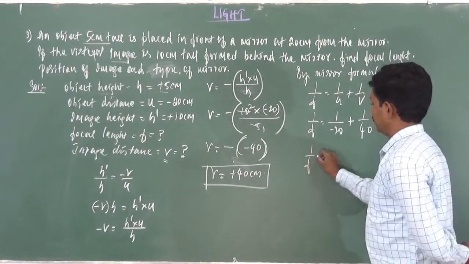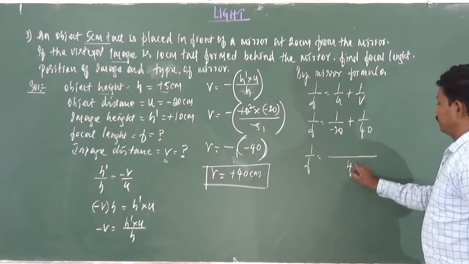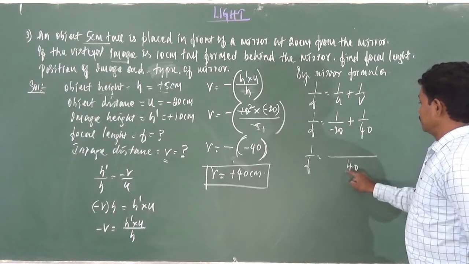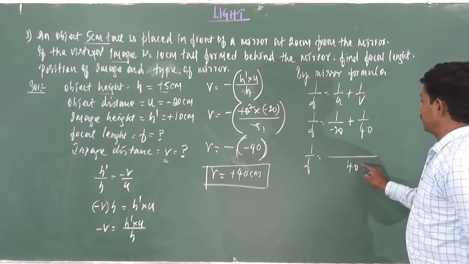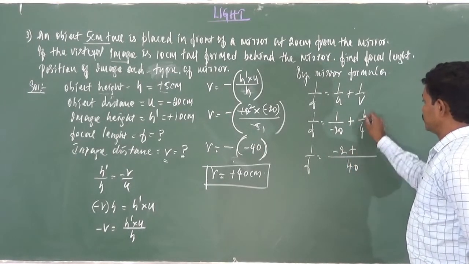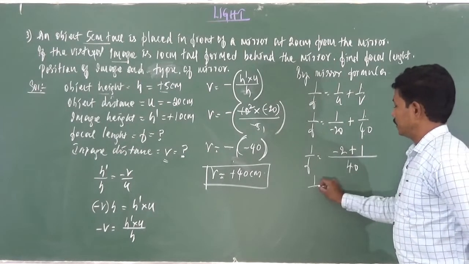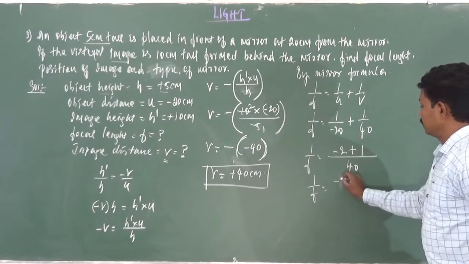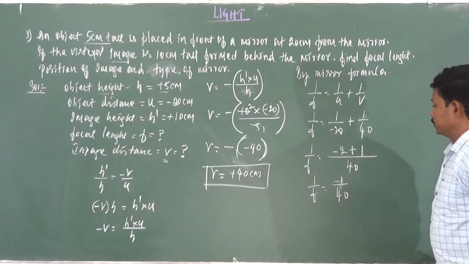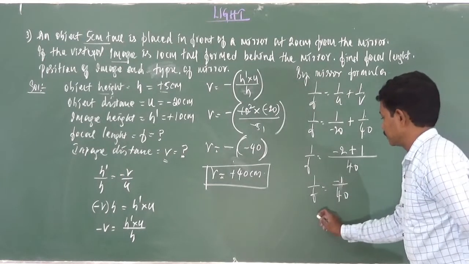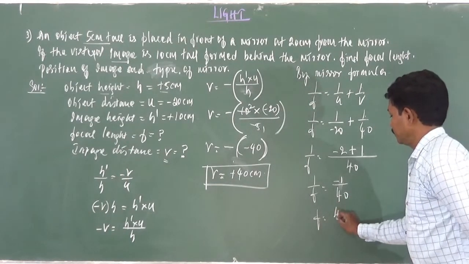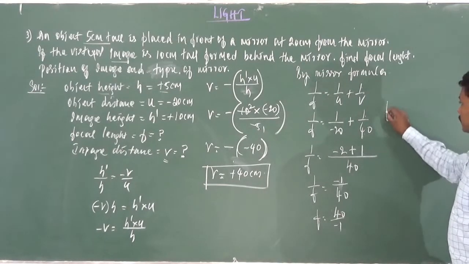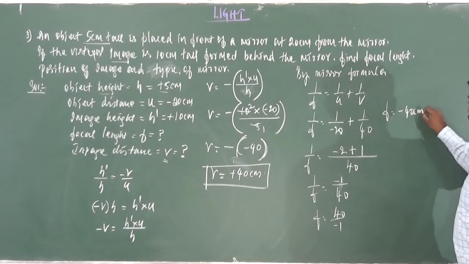So LCM is 40. 1 by minus 20 into 40 is minus 2, plus 1 by 40 into 40 is 1. So 1 by f is equal to minus 2 plus 1, that is minus 1 by 40. When you take the reciprocals, f is equal to minus 40 centimeters.